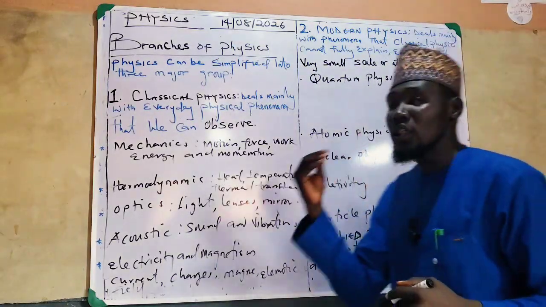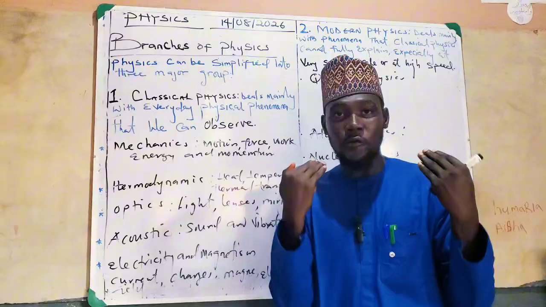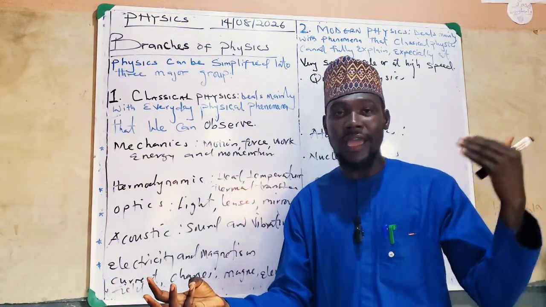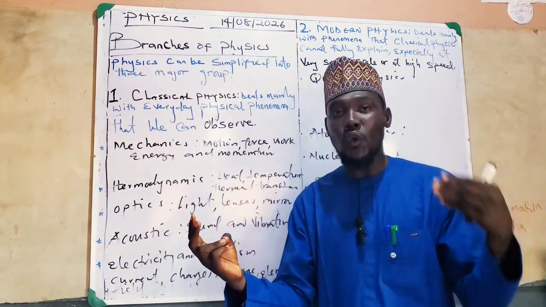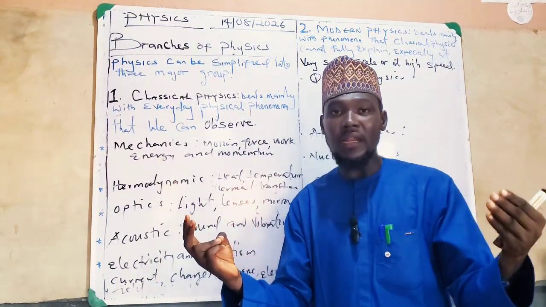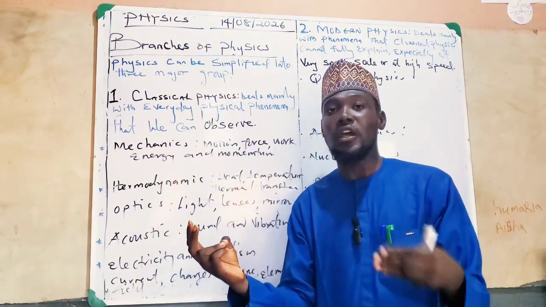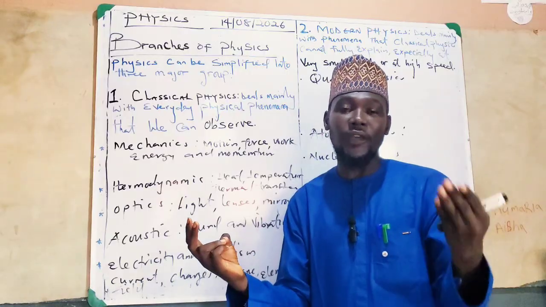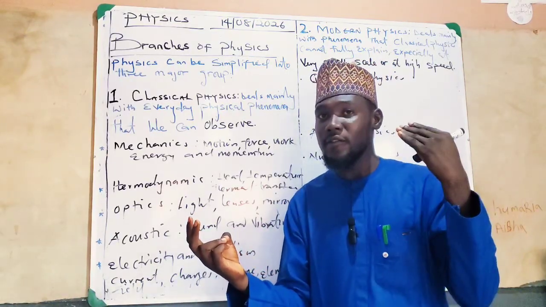So these are the three major groups of physics. The classical aspect, which studies everyday physical phenomena, and modern physics, which studies mainly phenomena which classical physics cannot fully explain, especially at very small scales or at high speeds.